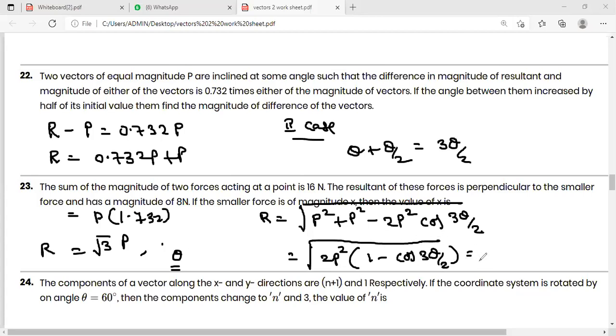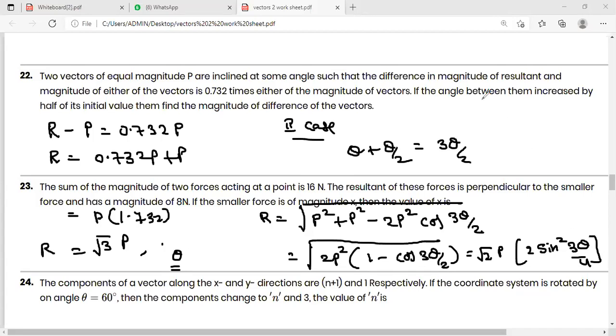And this is equal to, so if 2P square comes outside, that is root 2 P, 1 minus cos 3 theta by 2, given, na? Then it will be 2 sin square theta by 2, that will be 3 theta by 4.